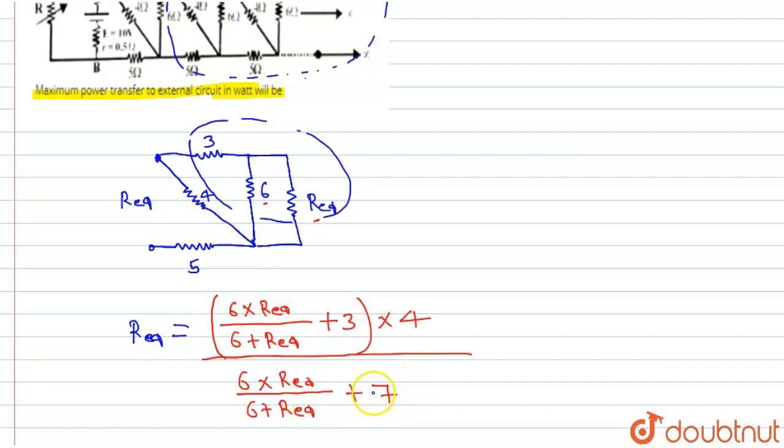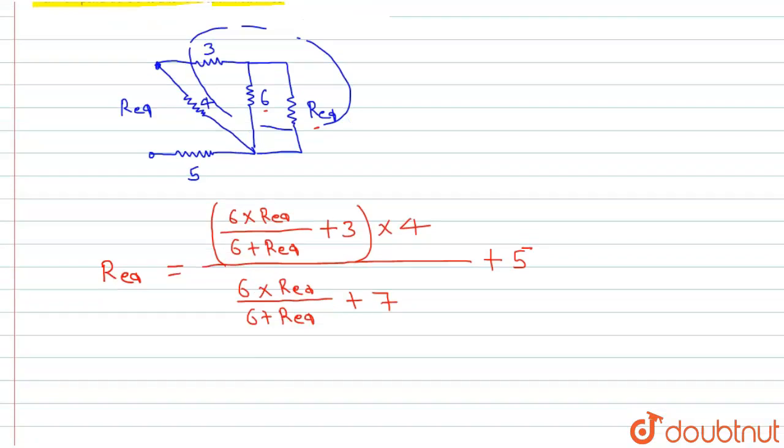Clear? Now we can see that 5 is in series with the remaining part of the circuit. In this way we can find the R equivalent. So R equivalent is equal to this. Clear? From here we can find the R equivalent.